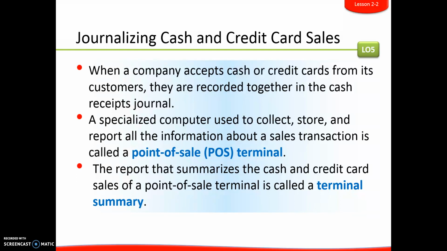The point of sale terminal, of course, we talked about in Accounting 1. It's a computer that collects, stores, and reports all the information about sales transactions. The one that we're particularly concerned with is our terminal summary. Remember that a terminal summary is going to show cash and credit card sales. A batch report would only show credit card sales.